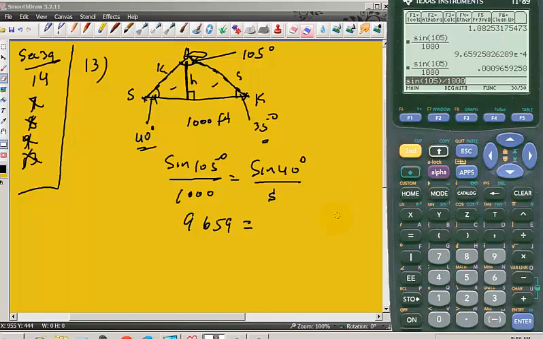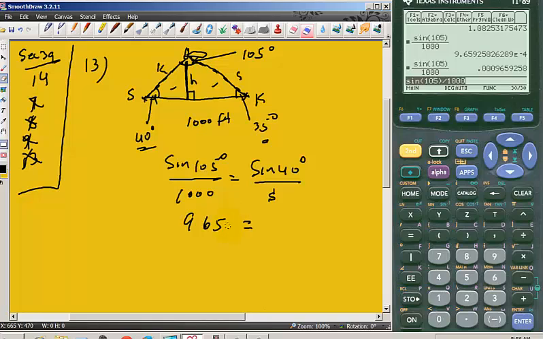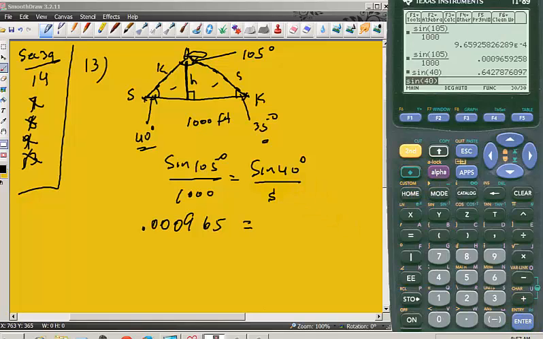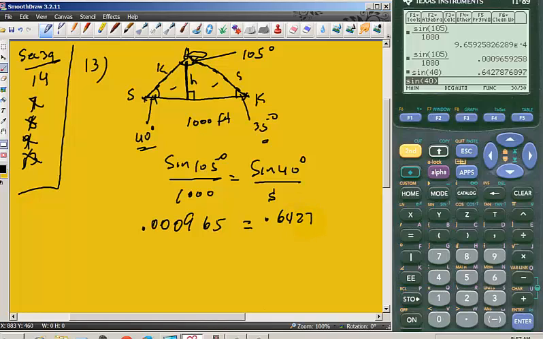So this is 0.00965, so might as well make it 0.965. And sine of 40 degrees turns out to be 0.6427, or just make that 0.643. Three decimal places is fine whenever you can.